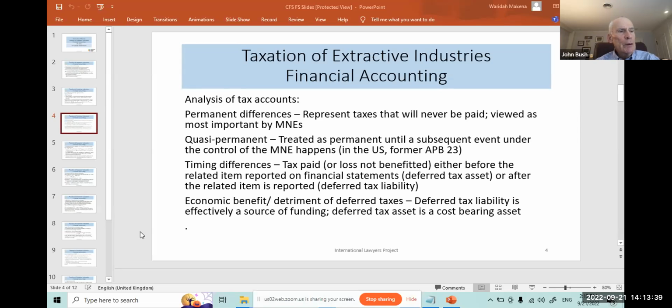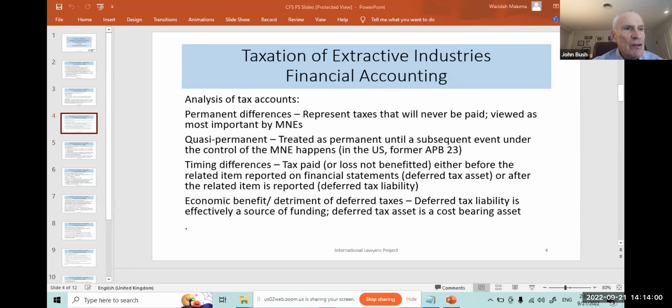It's a liability that hasn't been paid, and doesn't have to be paid until it so-called reverses in time. And so just like any other liability, it is a source of funding for the business.